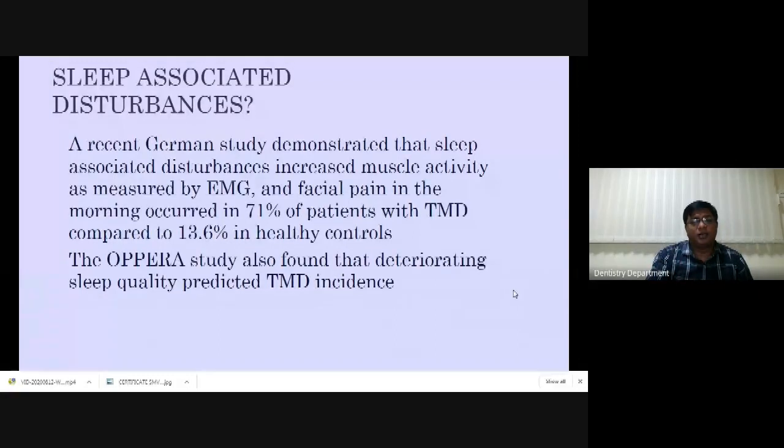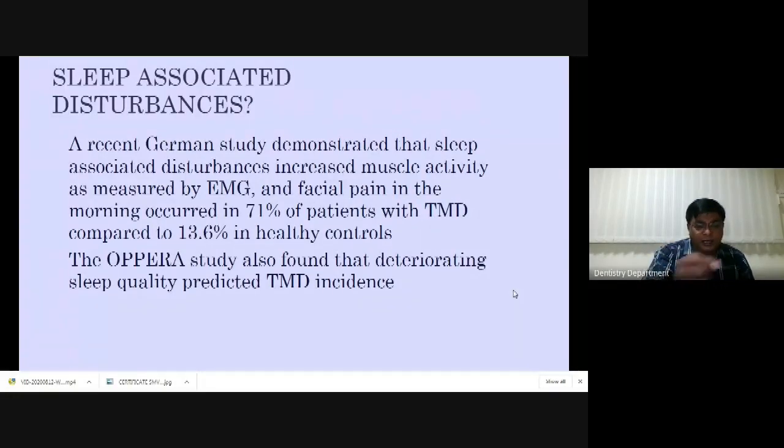Is there a sleep disturbance which causes TMD? One German study said facial pain in the morning occurred in 71% of patients with TMD compared to 13.6% in healthy controls. Deteriorating sleep quality predicted TMD incidence.